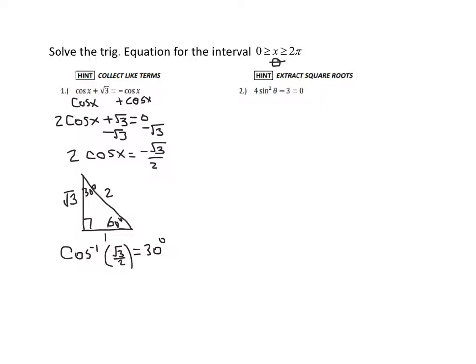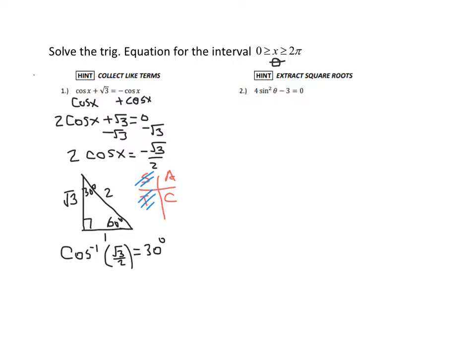Then something else I need to remember: that this is negative. So what does that mean? I have to remember that all students take calculus. This is going to help me know in which quadrant my angle is going to be. Because it is negative, I know cosine is negative in the second and third quadrant.